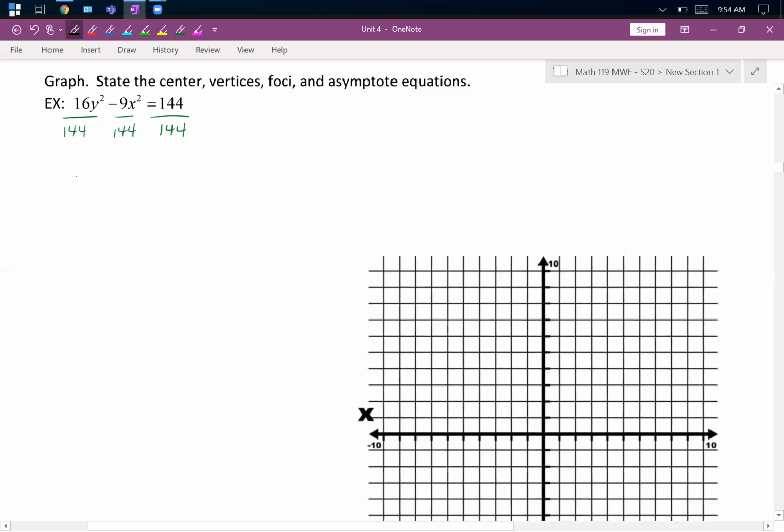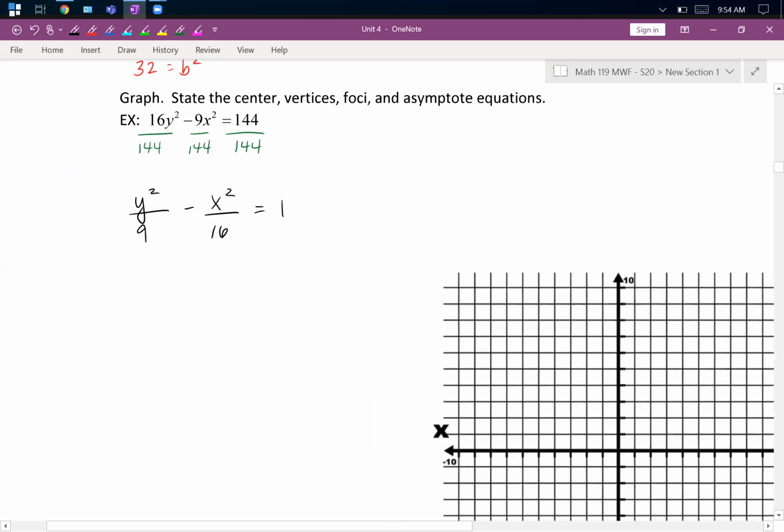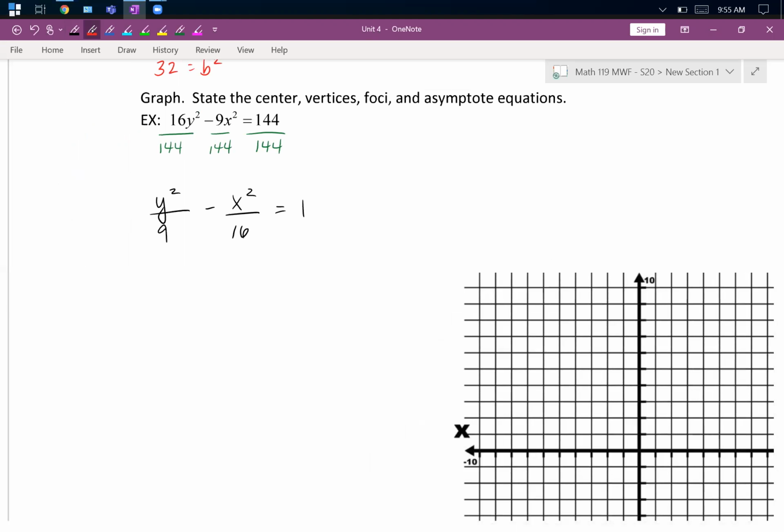This gives us y squared over 9 minus x squared over 16 equal to 1. We want to look to see which variable is first, because that tells us which direction we're going to be opening in. Since the y is first, that tells us that this is going to be a vertical hyperbola.